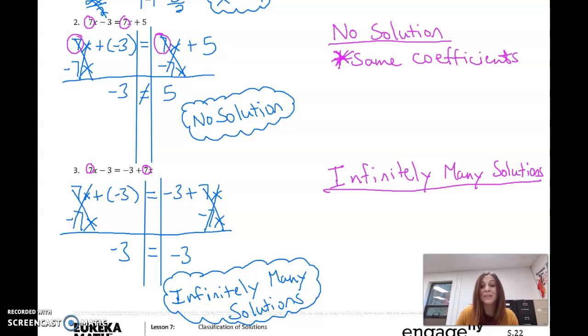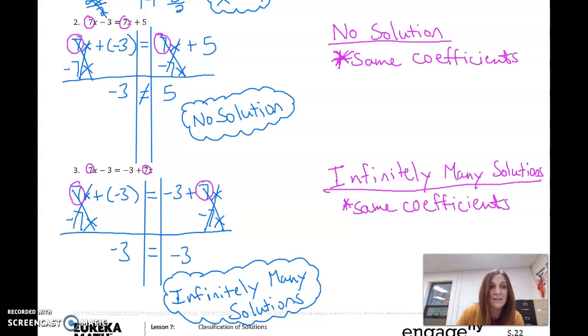Again, not the first term, the number that's attached to the x. Same coefficients. Okay, so if they have the same coefficients, the numbers attached to our variable, in this case x, that's either going to be no solution or infinitely many. The way we know which one it is is to check out the constants.